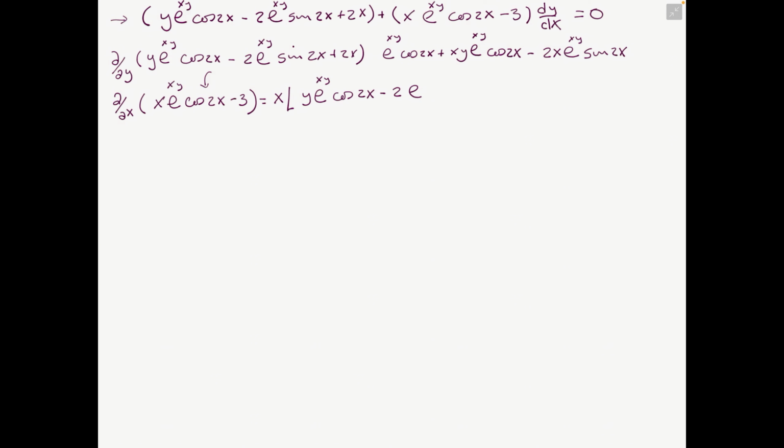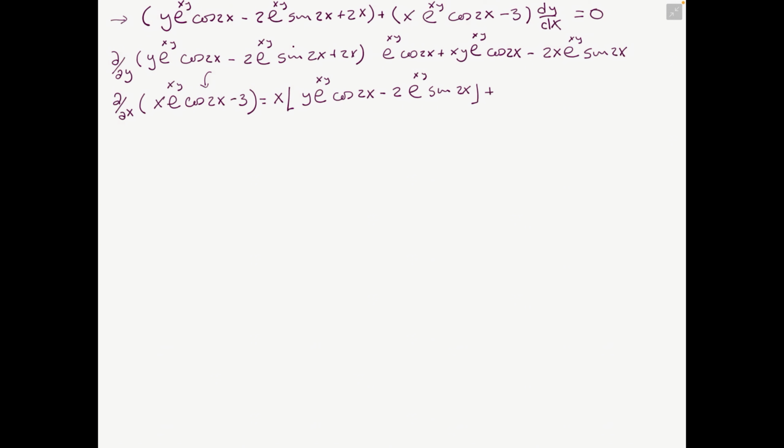So let's hold x out for now, and we have y e to the xy cosine 2x minus 2 e to the xy.